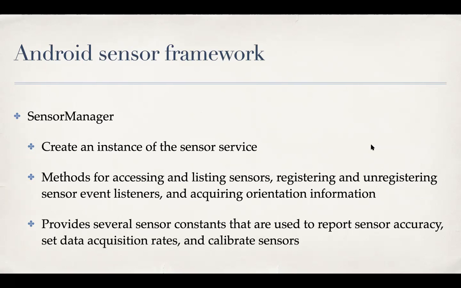So you can create that list of sensors with this class. You can also register and unregister events using this class, and you can acquire orientation information. This class also provides several constants that are used for reporting accuracy and several other things.